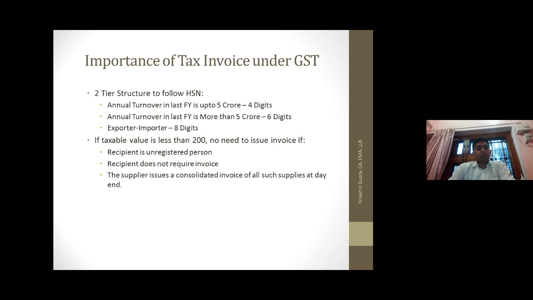Recipient does not require invoice, and the supplier issues a consolidated invoice of all such supplies at the day end. So when the day ends, he will calculate the total taxable value of supplies less than 200, like 150, 180, 170, and all these supplies. He will club them together and make a consolidated invoice of all these supplies at the day end. And if the recipient does not require an invoice and is an unregistered person, in that case, up to a value of 200, no need to issue an invoice.